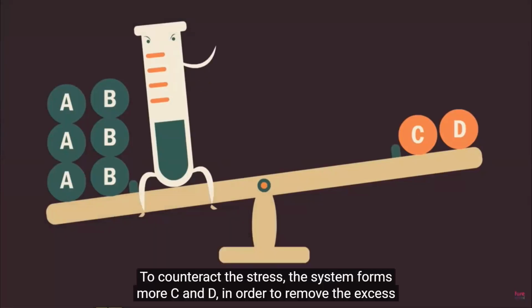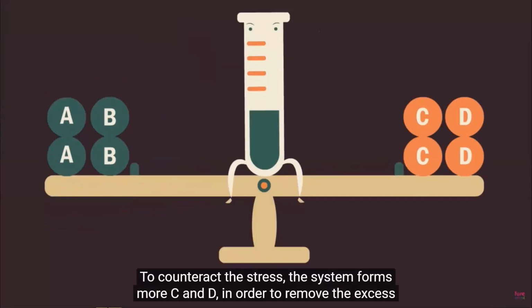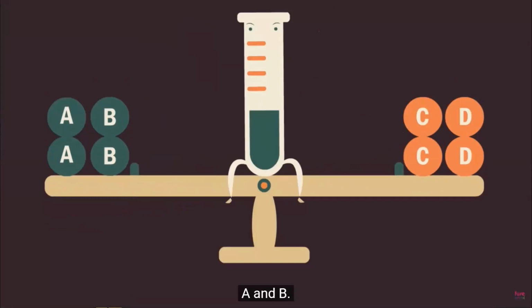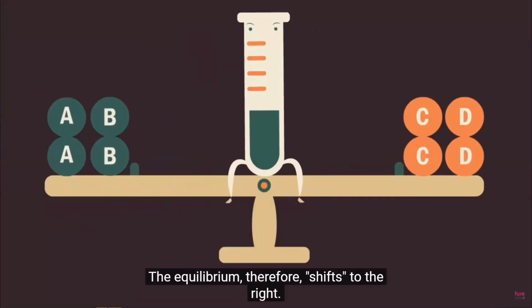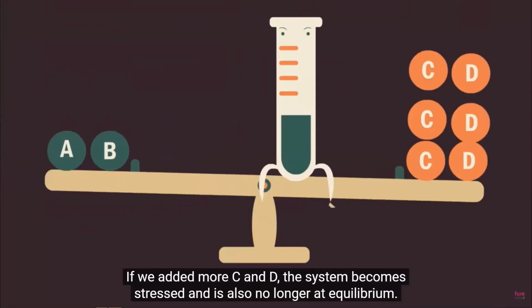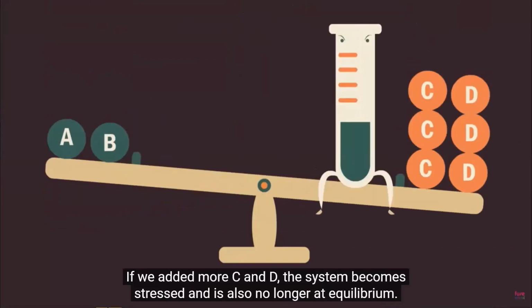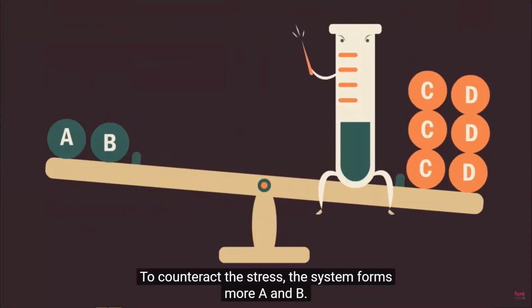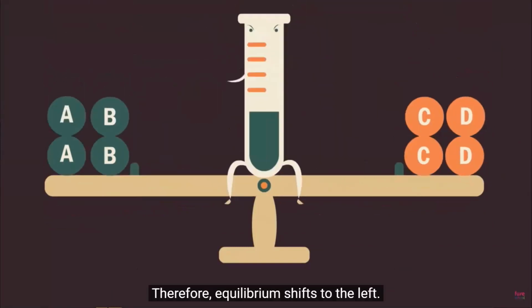To counteract the stress, the system forms more C and D in order to remove the excess A and B. The equilibrium, therefore, shifts to the right. If we added more C and D, the system becomes stressed and is also no longer at equilibrium. So to counteract the stress, the system forms more A and B. Therefore, the equilibrium shifts to the left.